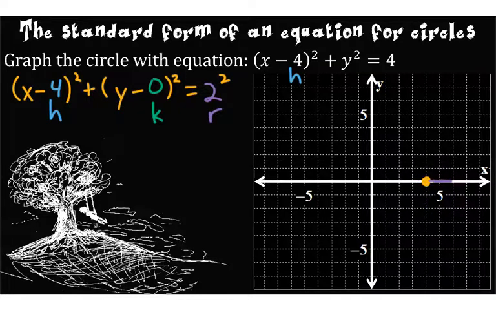I'm going to put dots at those points. So here's 1, 2, 3, 4, and now I can connect those in a circular fashion as best I can. And there is my circle.